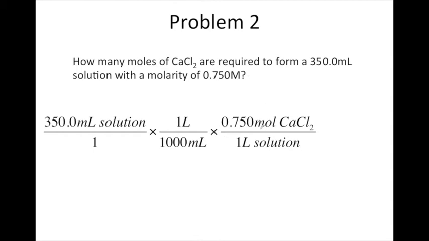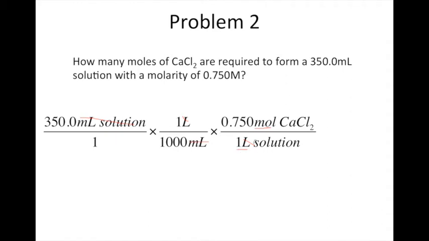Notice that I've written molarity not as capital M, but as 0.750 moles of calcium chloride per 1 liter of solution. This way it acts as a conversion factor. My milliliters of solution cancel and my liters cancel, so I want liters on the bottom and moles on the top. So 0.750 moles per 1 liter.